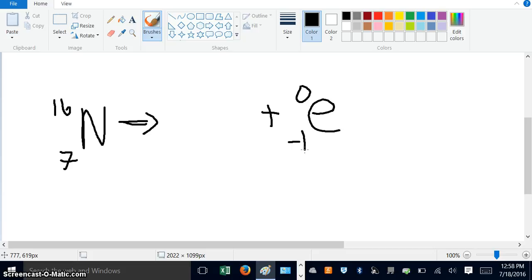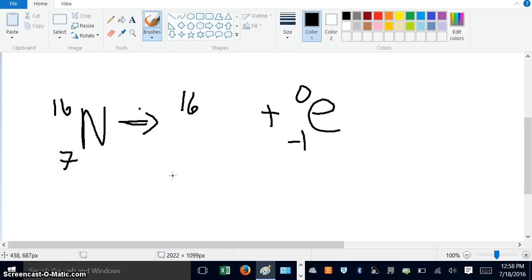And so right away we know that whatever element the nitrogen's becoming, it's going to be a mass number of 16. All right, because the 16 plus 0 at the top has to give us the 16 that we started with, and the same thing goes as the subscript here is always going to be basically one more than what you started with, right?